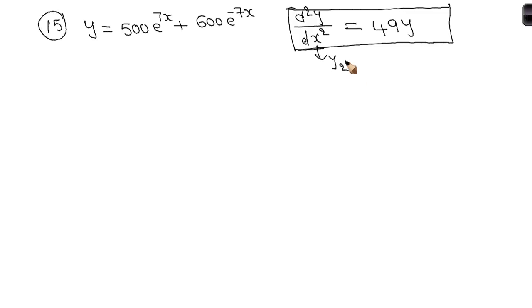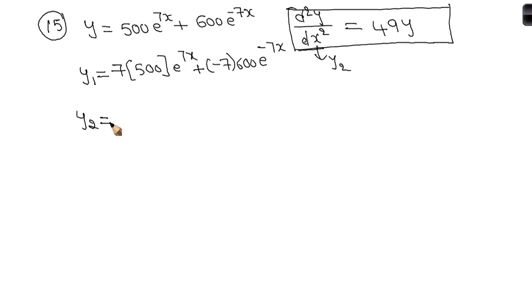So I'll just write y1 and y2. So y1 is equal to, derivative of this would be 7 into 500 into e power 7x plus minus 7 into 600 into e power minus 7x.